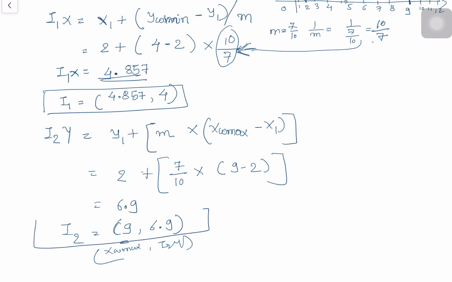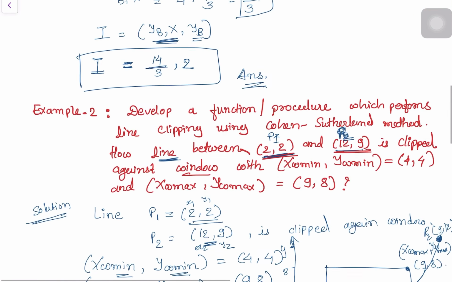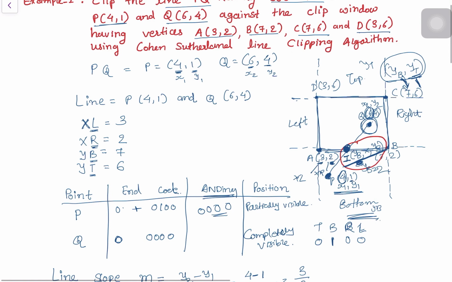This way we can find the intersection points I1 and I2. This will be our final answer. So I hope you are clear with the Cohen Sutherland line clipping example. This way we can solve the example of the Cohen Sutherland algorithm.